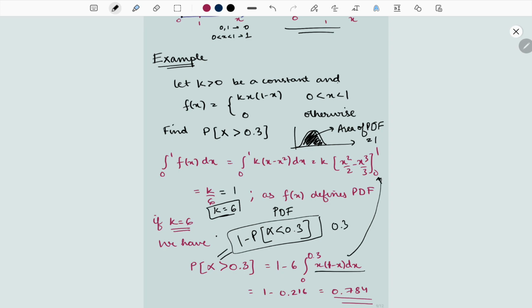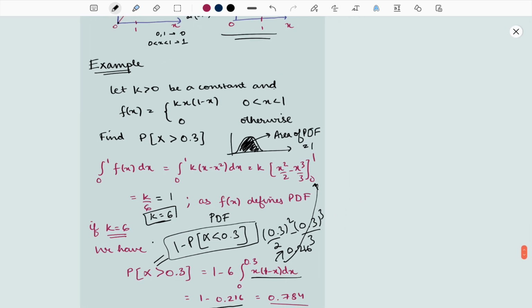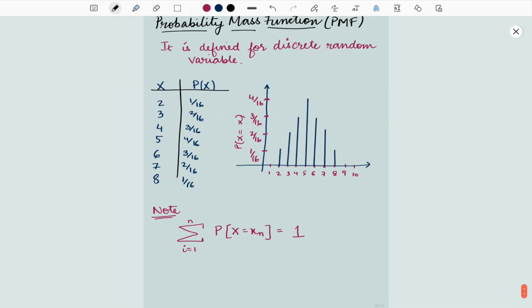So 0.3 squared by 2 minus 0.3 cubed by 3, we use this and got the value 0.036. This gave us the value 0.216 when multiplied with 6, and at last we got 1 minus 0.216, which gave 0.784.